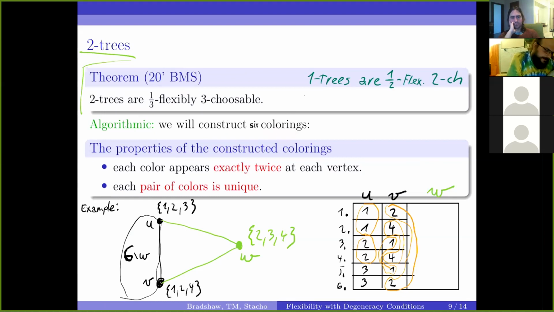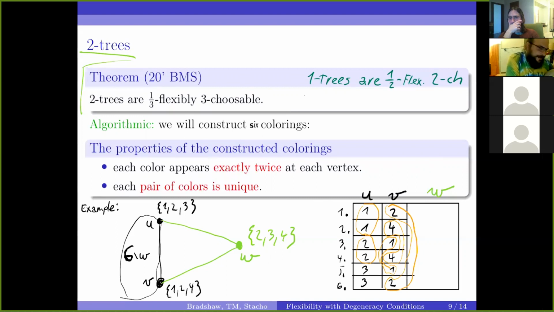And then the second property, that for each pair, by pair I mean for each edge, the colors that are assigned to the edge in these 6 colorings are unique. So all those pairs of colorings are unique. Those 2 properties will allow us to do the induction.